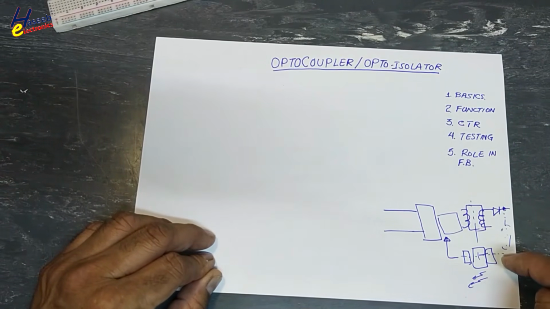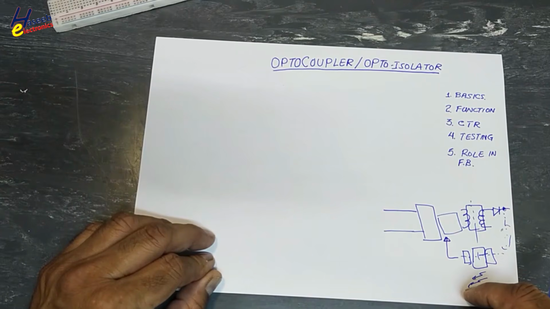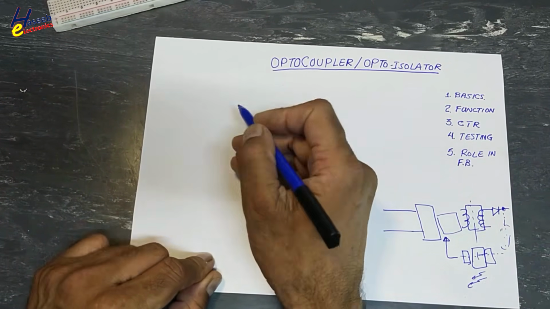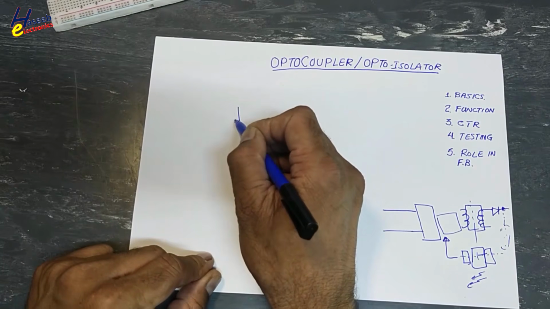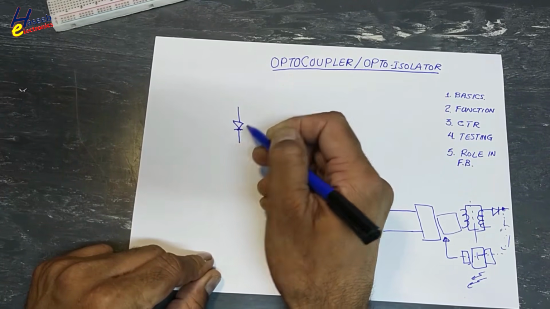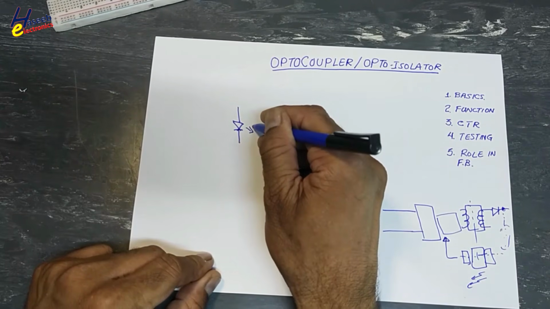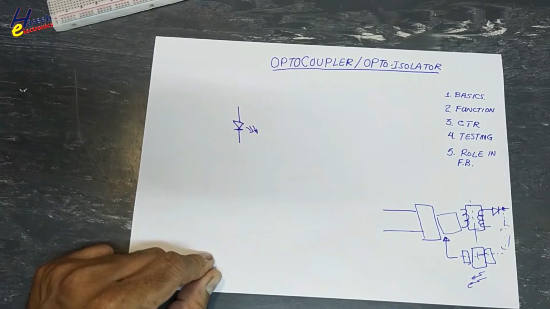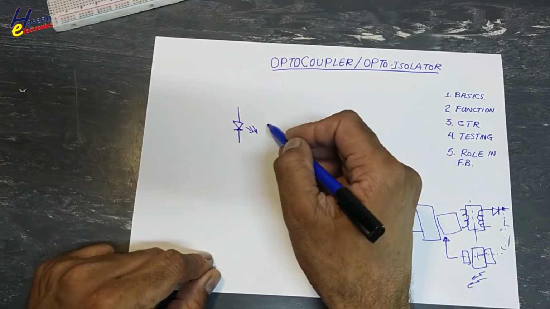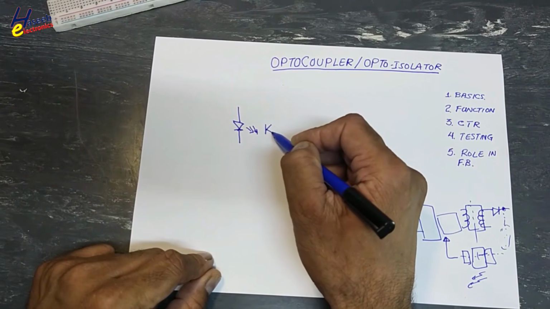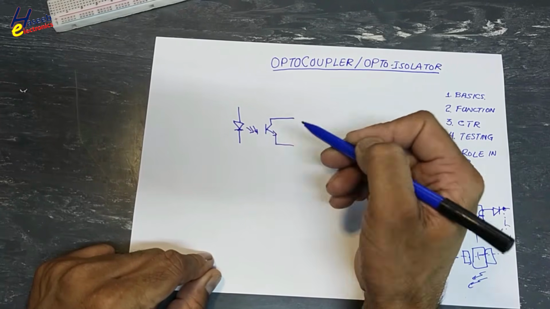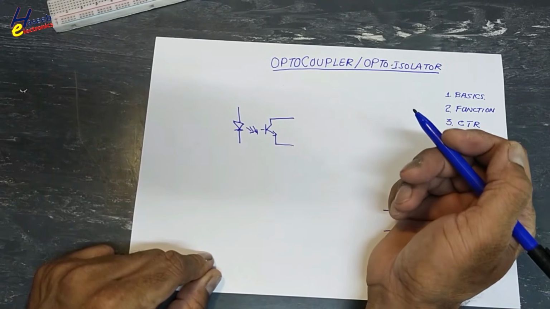As I said, we have a light source that is being transmitted from one side to the second side. That means we have an LED, IRED, that is transmitting some light. When we are dealing with light, a phototransistor is connected here, without base.